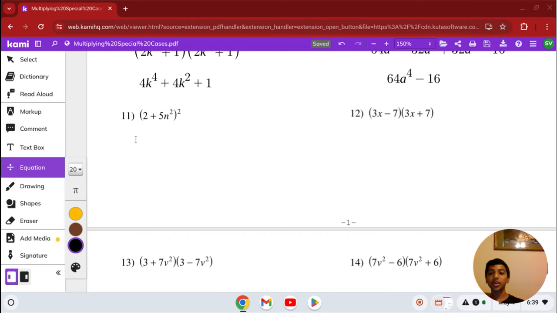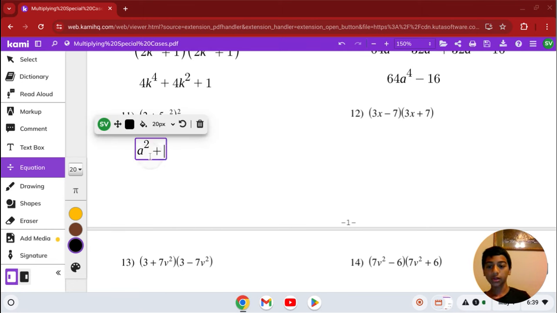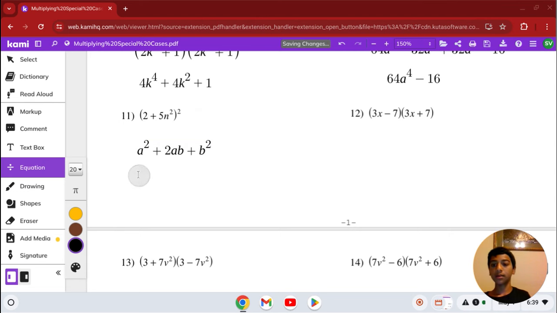Number 11, we have (2 plus 5n squared) entirely squared. Let's use a squared plus 2ab plus b squared. So a equals 2 and b equals 5n squared. Let me just write the formula. I like to write everything down so it helps a lot. Alright, so a equals 2, so a squared is 4, plus 2 times a times b.